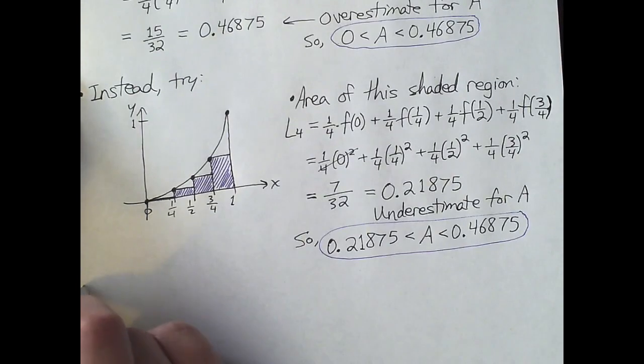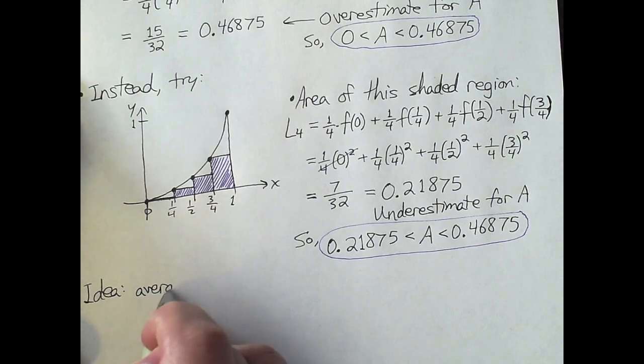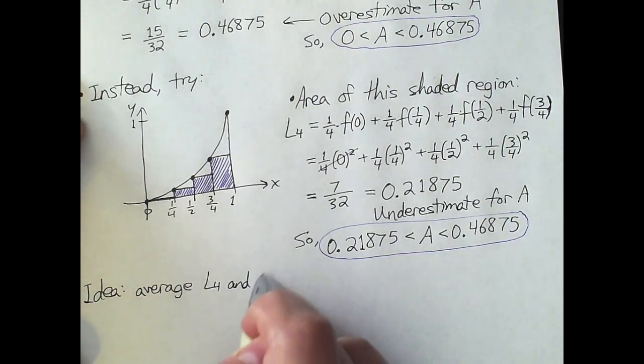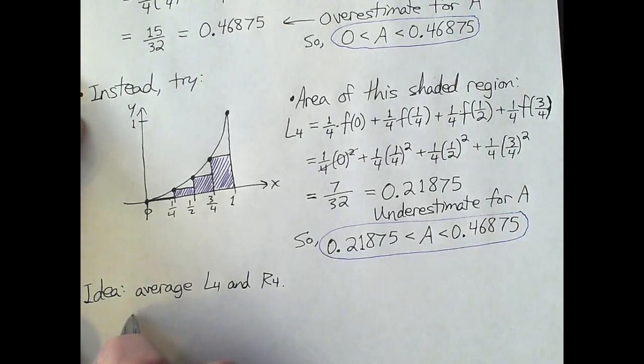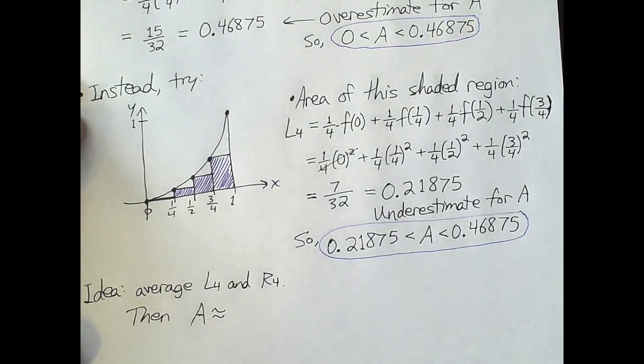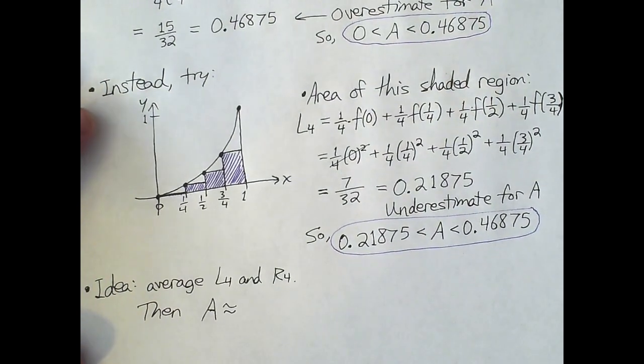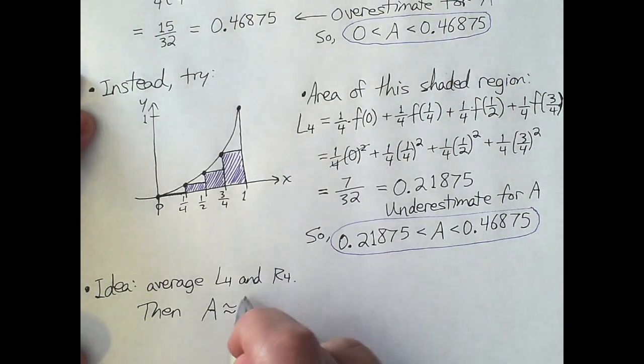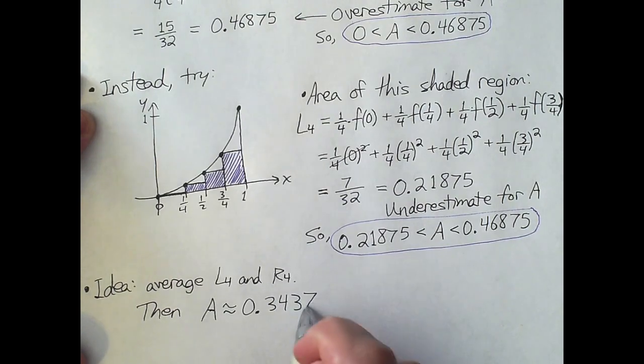So here's an idea. Let's do the average of L4 and R4. This suggests that the area is approximately equal to, we don't know if it's exactly this, but I found the average of these two decimals was 0.34375.